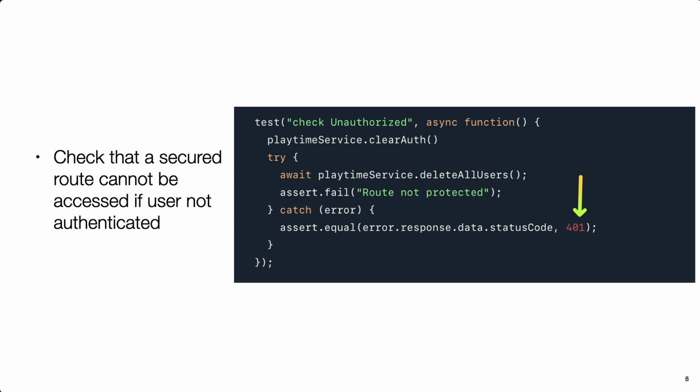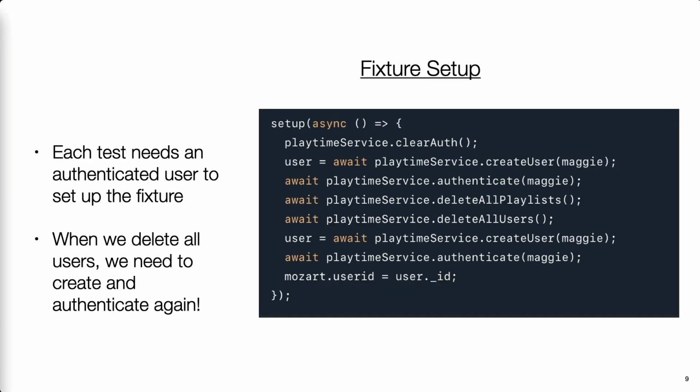Now, hopefully that's not going to be too painful. It should largely be a matter of going to our fixture setups. And here what we're doing is clearing the authentication, creating a user, and clearing out all of the data. So we're making sure our tests are isolated. When we do delete all users, we'll have deleted the user we just created.